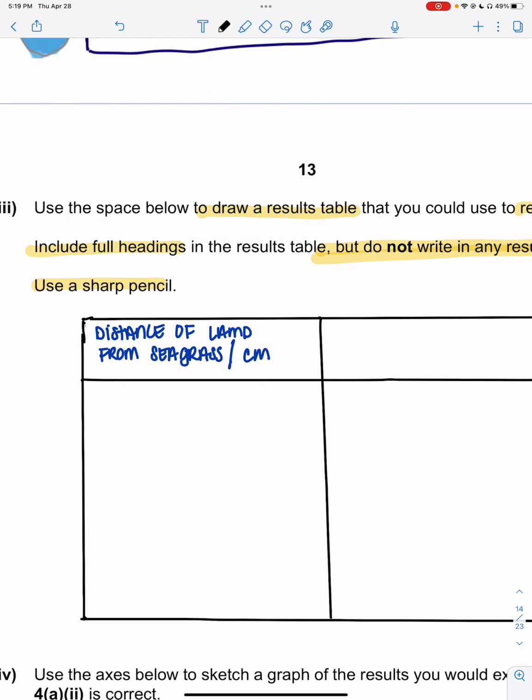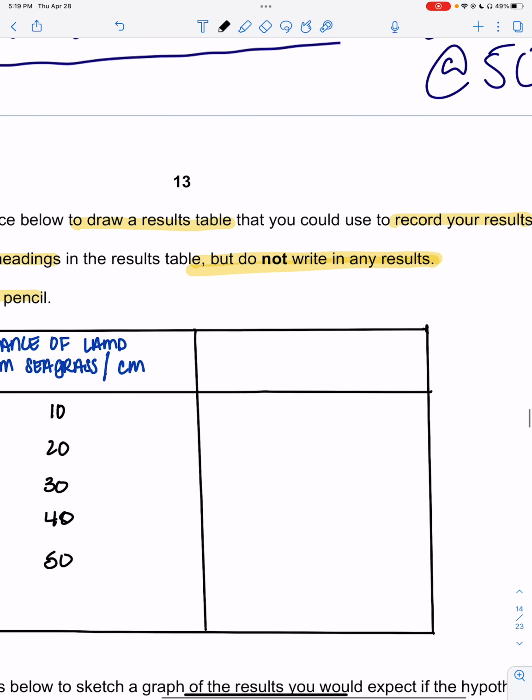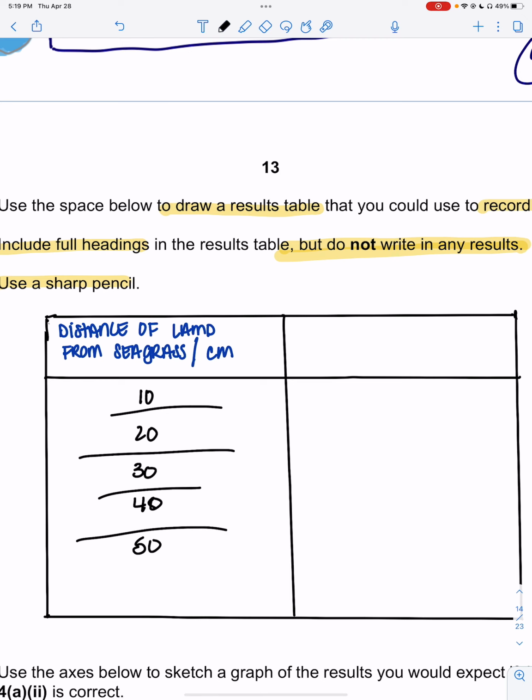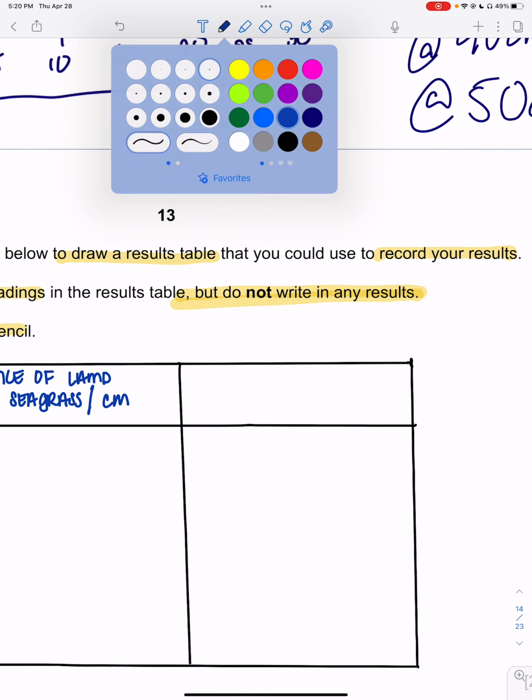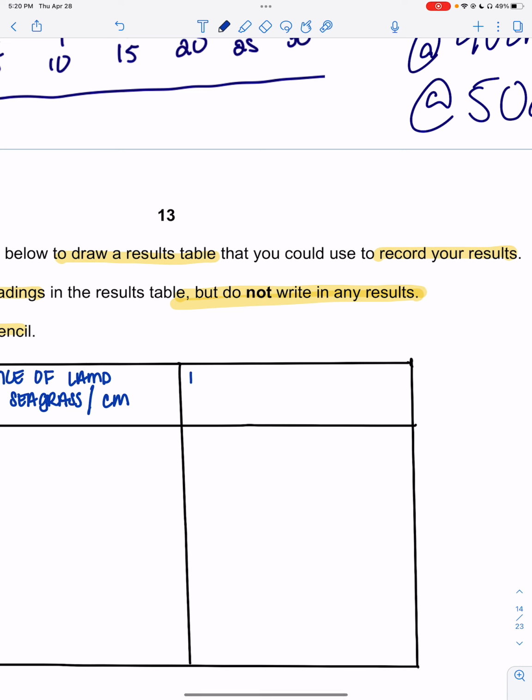All right, if I were to continue it, I would have the 10, 20, 30, 40, 50, obviously with lines going across. And the amount of bubbles in a minute.